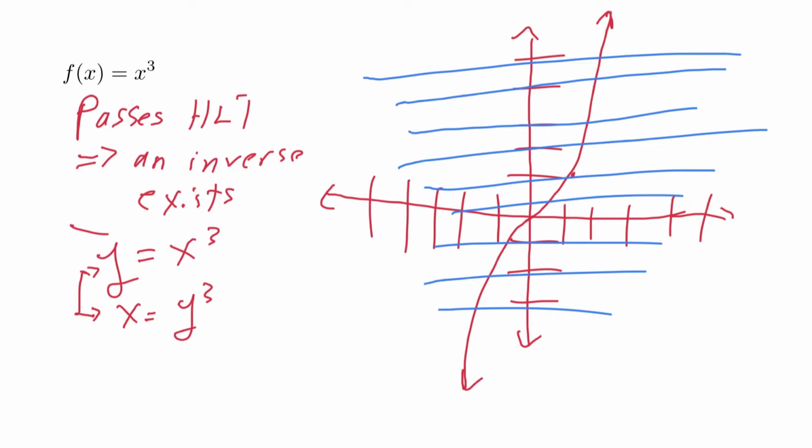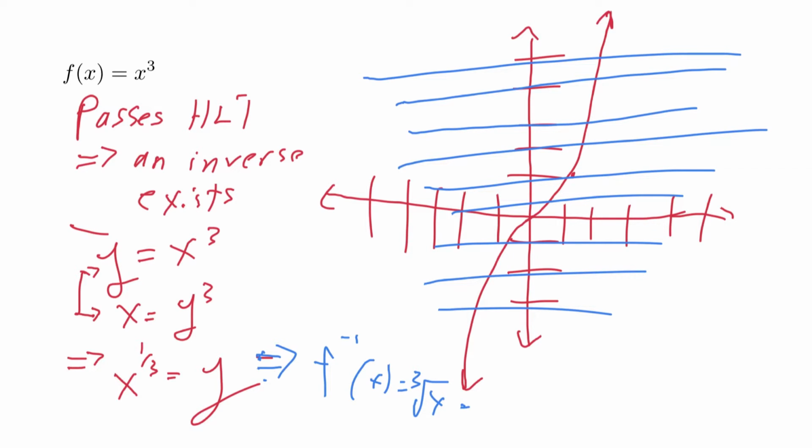And now I solve for y. So I take the cube root of both sides, and I determine that f inverse of x is the cube root of x, or x to the 1/3, however you like to write that.